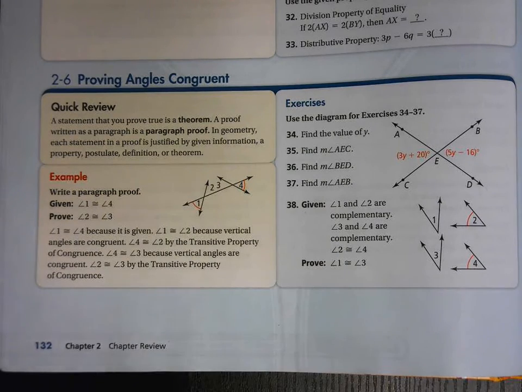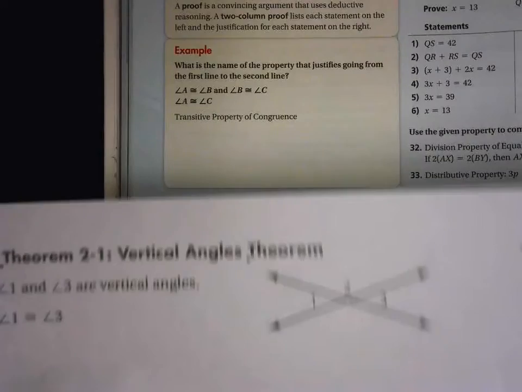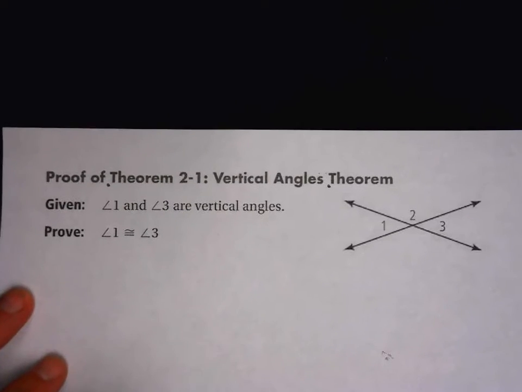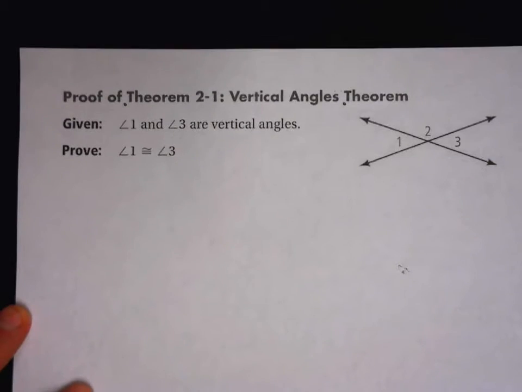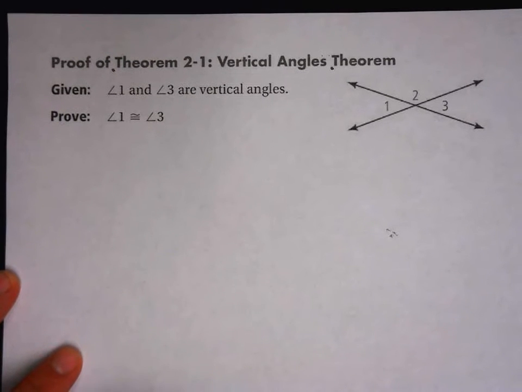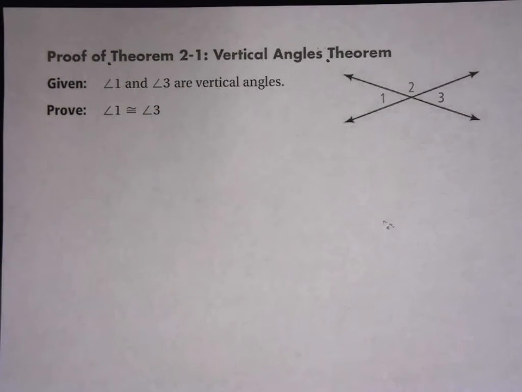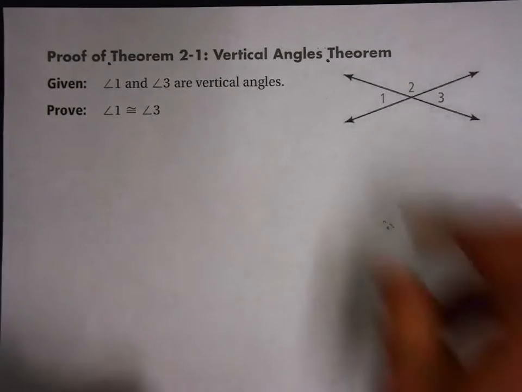That's basically the deal. Like I said, there's a PowerPoint on Edmodo, and I'm just going to supplement that. We're going to get into one of the parts of the PowerPoint, which is this proof that vertical angles are congruent. We have to know the difference between a theorem and a postulate.